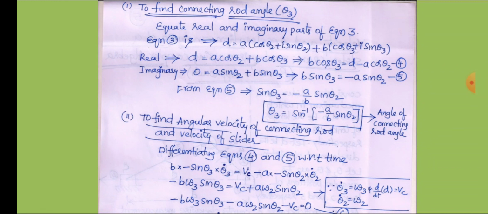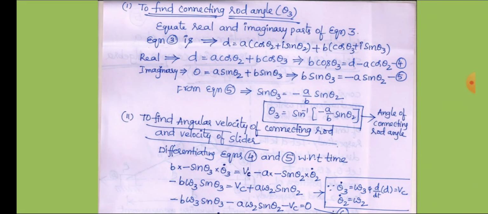That is nothing but the connecting rod angle, which is to be calculated using this expression. So theta 3 is equal to sin inverse of minus a by b into sin theta 2. Here a is the crank radius or crank length, b is the length of the connecting rod, and theta 2 is the angle made by the crank. All three will be known, then I can get the connecting rod angle.